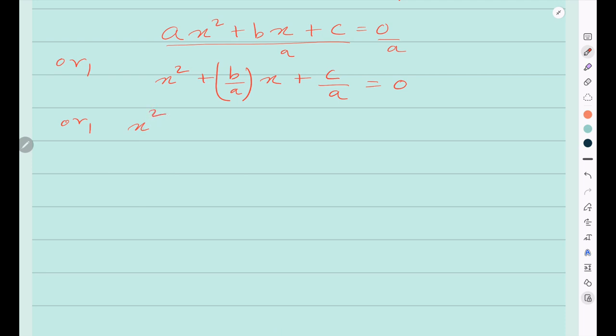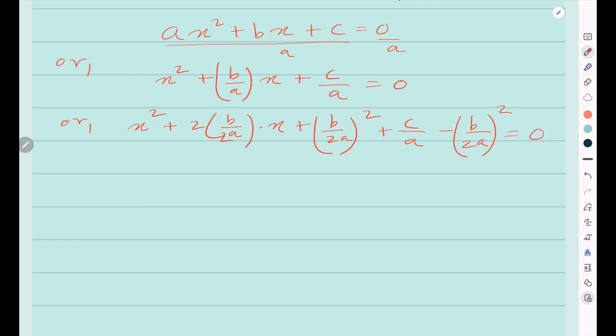So we can write this as x squared plus 2 into x into b by 2a plus (b by 2a) whole square plus c divided by a minus (b by 2a) whole square is equal to 0.